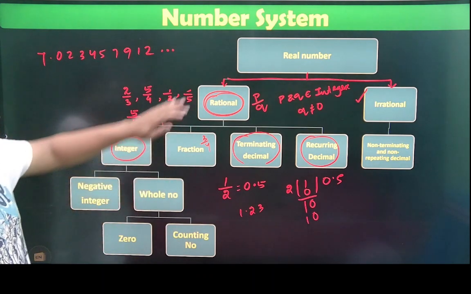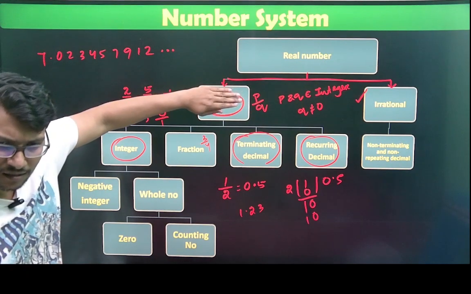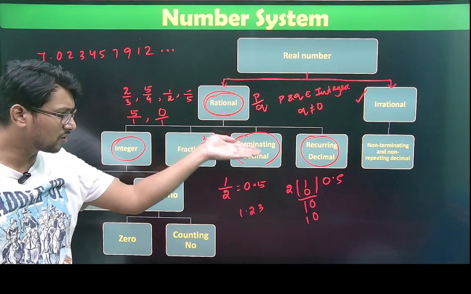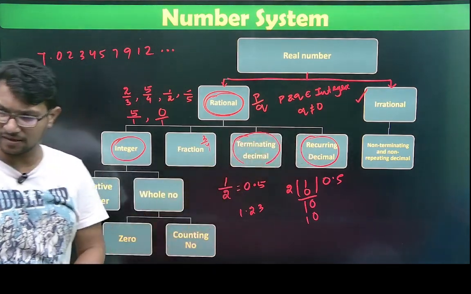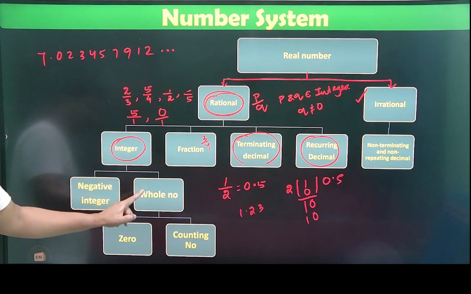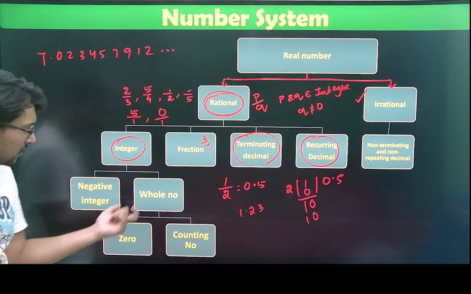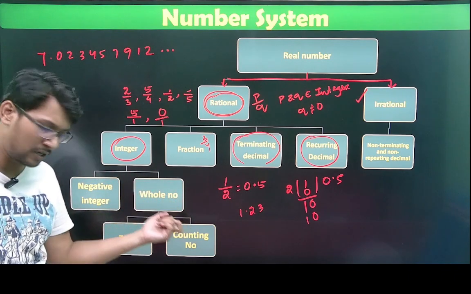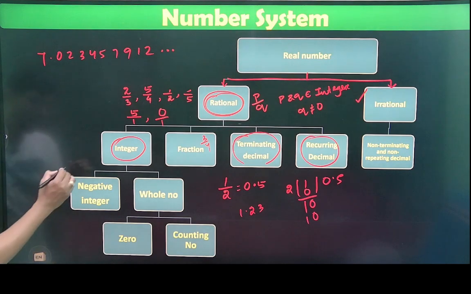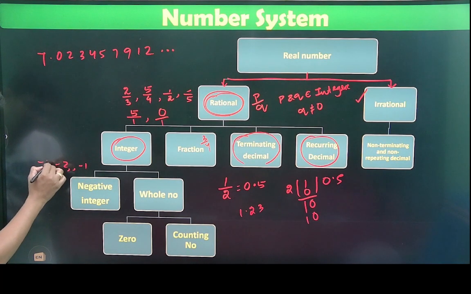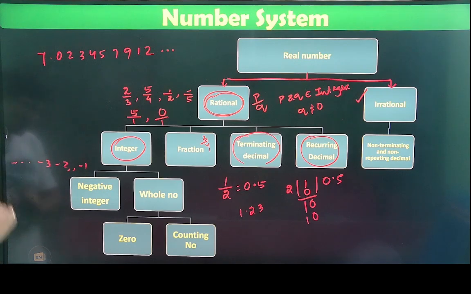Now you have understood a rational number could be an integer, could be a fraction, a terminating decimal, a recurring decimal. Okay. Now every integer can be written in two parts. One is negative integer, other one is what? Whole number. You know negative integer means what? -1, -2, -3, -4, and so on, right?